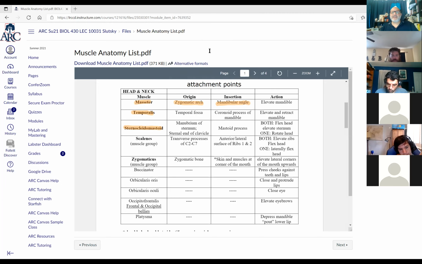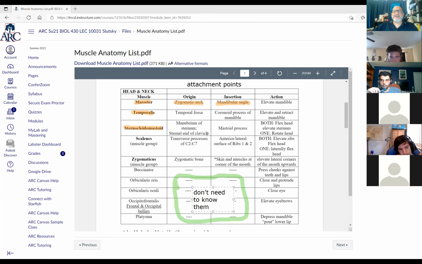Now, does that mean that these muscles down here don't have origins and insertions? No, of course not. They have them, but since they're dotted lines, since they're not bold, you don't need to know them. You are only responsible for the origins and the insertions of the bolded muscles, of the ones that are listed.